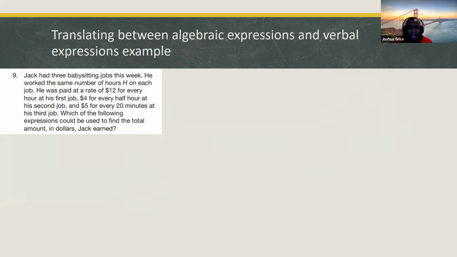We're given that he's paid a rate of $12 every hour at his first job, $4 for every half hour at his second job, and $5 for every 20 minutes at his third job. So we want to find which one of the following expressions can represent how much Jake makes in total from working the same amount of hours on each job.